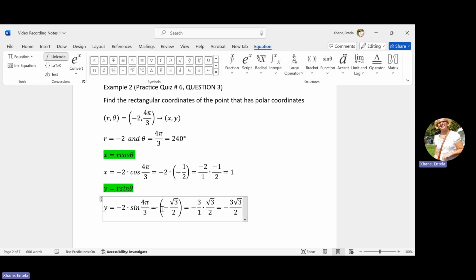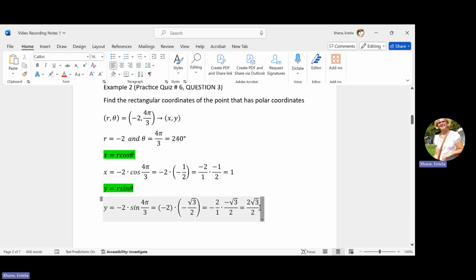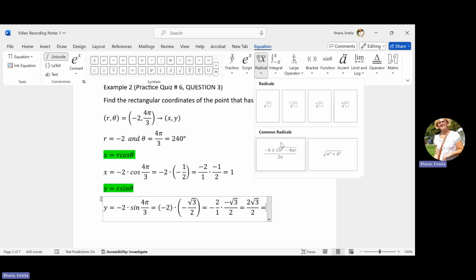So I only have to adjust -2 because the other number is correct. So that's going to be -2 over 1 multiplied by a negative square root of 3 over 2. So the answer is going to come out as a positive 2 over 1 times square root of 3 over 2. The 2 cancels out. So altogether, this is square root of 3.